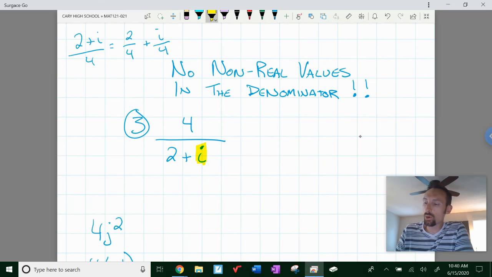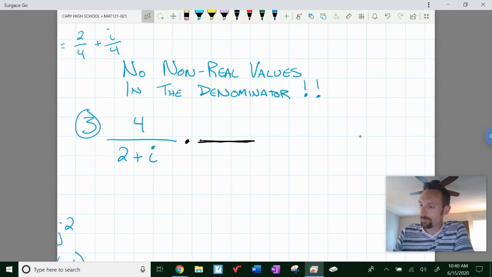And so how we're going to deal with this is we are going to multiply by kind of the same way you used to get common denominators. You would multiply by the same thing on the bottom and the top. Okay. And we are going to multiply by what we call the conjugate. So multiply by the conjugate.